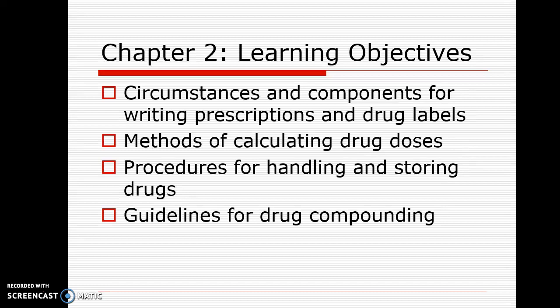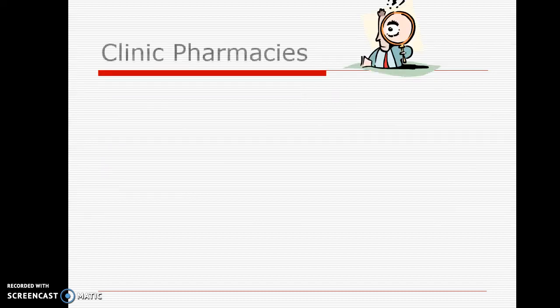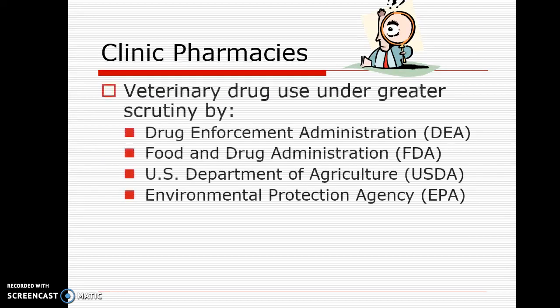Certain drugs, in particular controlled substances, have very special requirements around that. But any drug has some restrictions in how it can be stored, and so you need to be familiar with those. And then we'll talk about compounding and also cytotoxic drugs in this chapter.